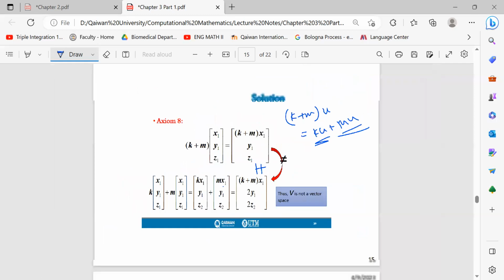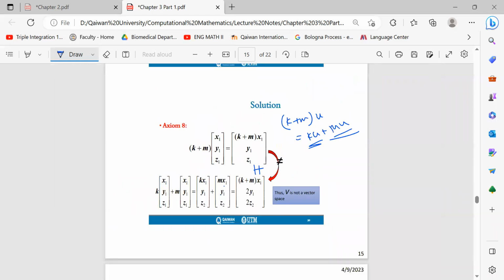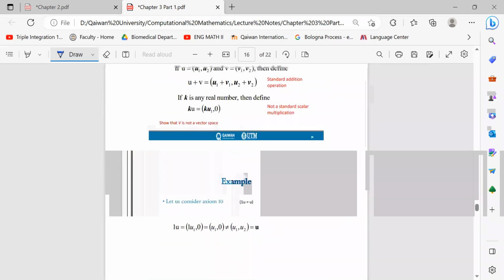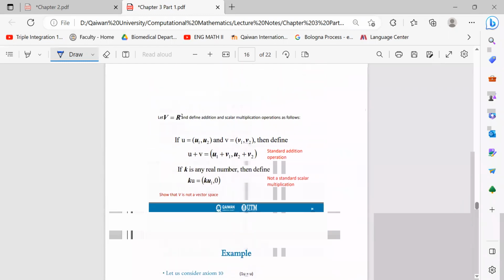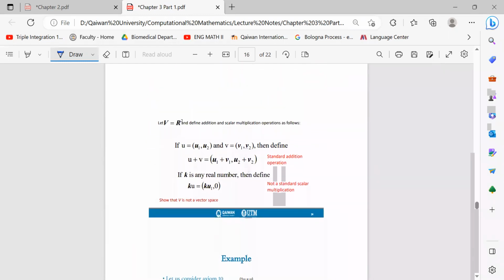That means it doesn't satisfy axiom number 8. So it's not a vector space. It's not a vector space because it doesn't satisfy one of the axioms. If it satisfies all 10 axioms, then we say it is a vector space. But if it doesn't satisfy even one of them, we say it's not a vector space.